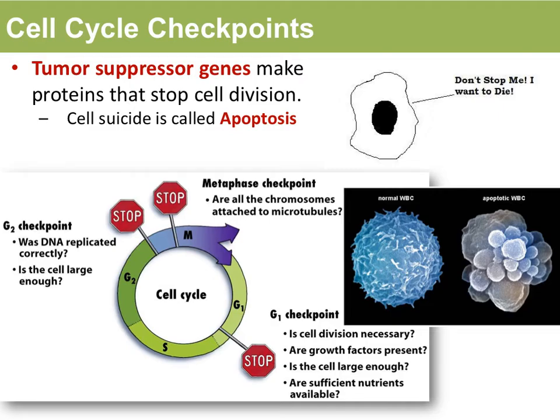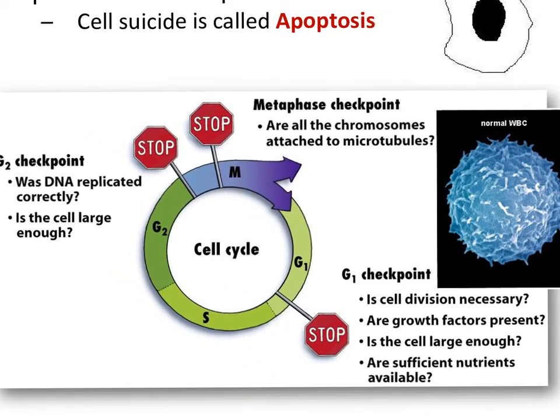Okay, so here we have a cell. We've got G1. A lot of cells go into G0 where they basically never change. They don't go through mitosis after that. But some cells do.